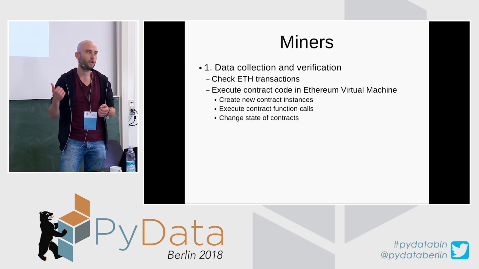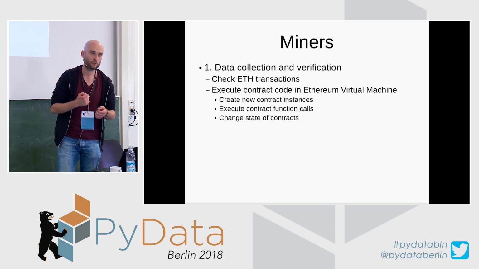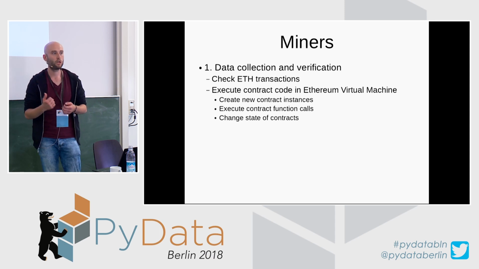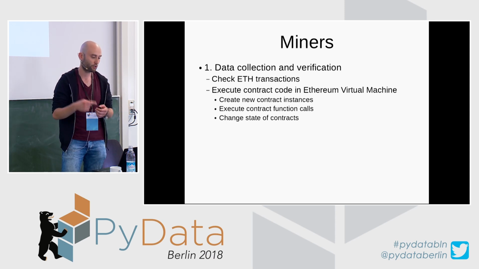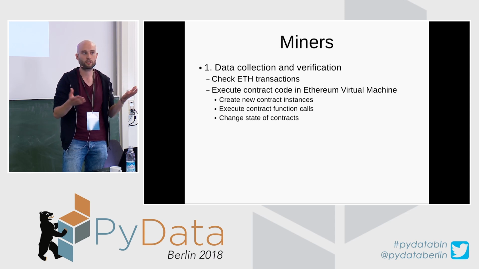So for example, in this pull lever function call we've seen before, you could have a persistent state variable that just counts how many people actually pulled the lever already, and you would just start counting whenever somebody pulls the lever, and then this state variable, which is just an integer, would be persistently stored on the blockchain and increased every time somebody pulls the lever.